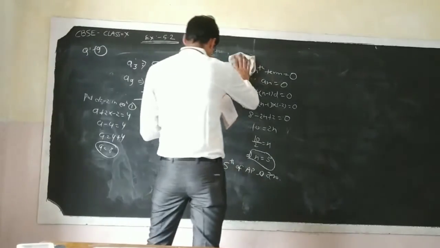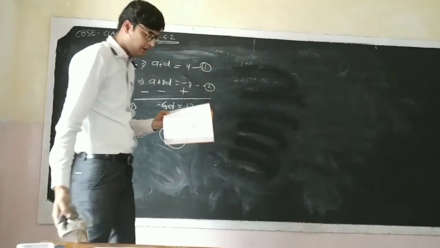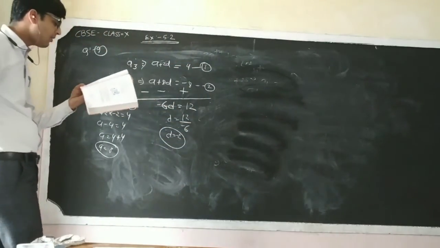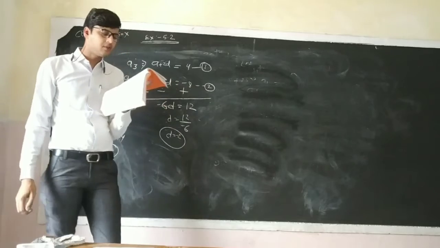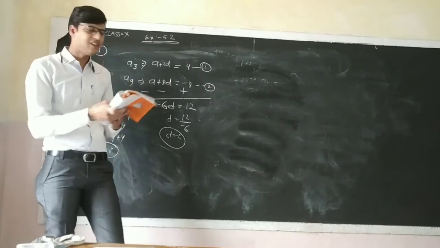Question number 10: if the 17th term of an AP exceeds its 10th term by 7, find the common difference. It is a very easy question.